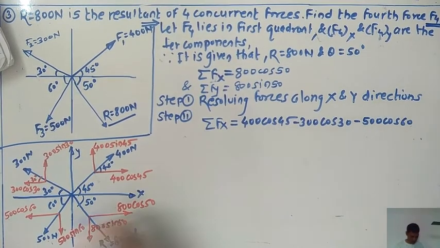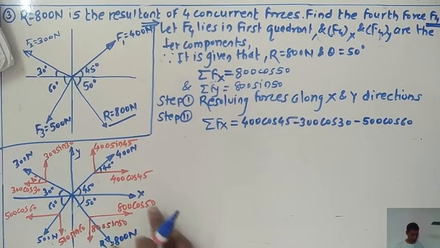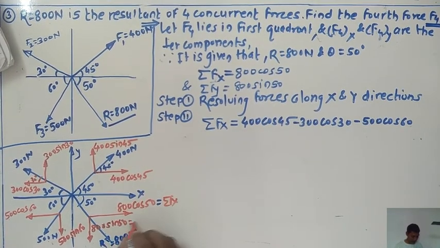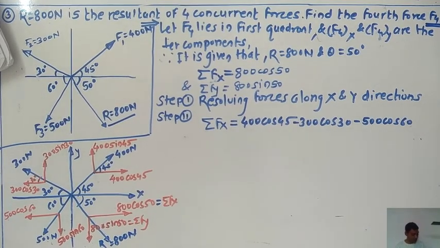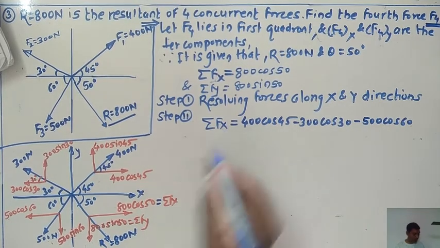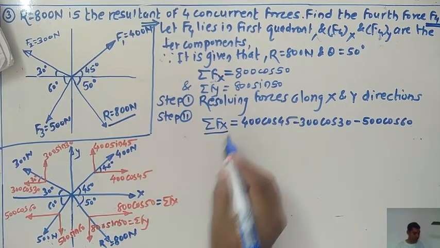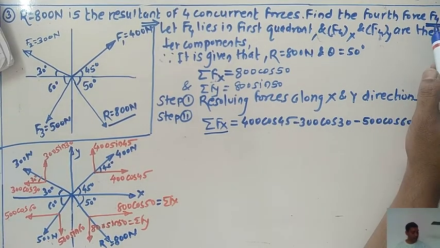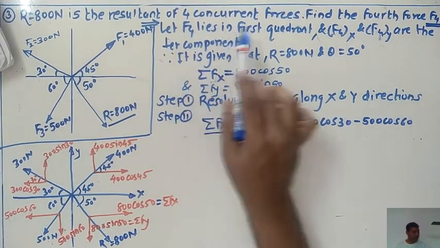Next, now this point is very important. This is nothing but the summation of Fx, and this indicates the summation of Fy. The summation of Fx is already written on the left side, and here we assume that F4 lies in the first quadrant.